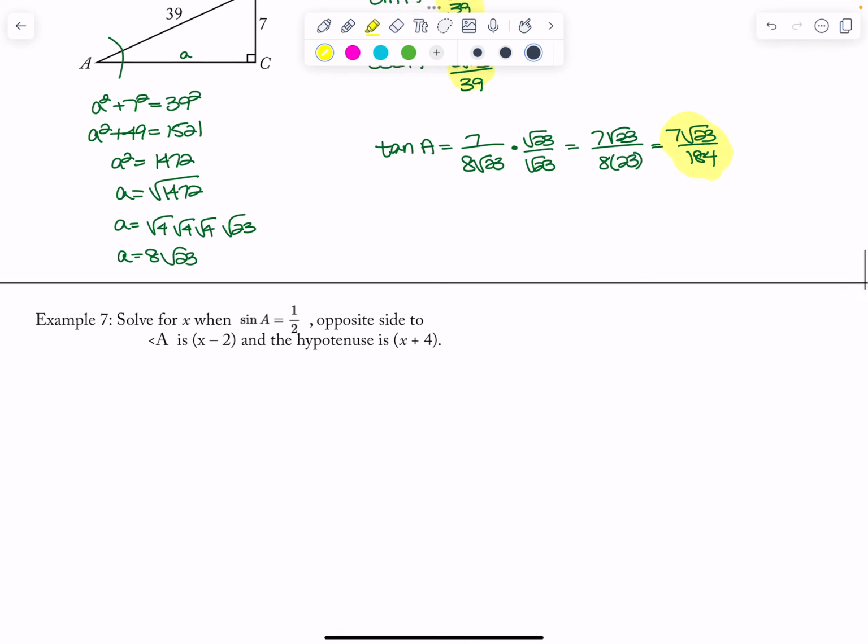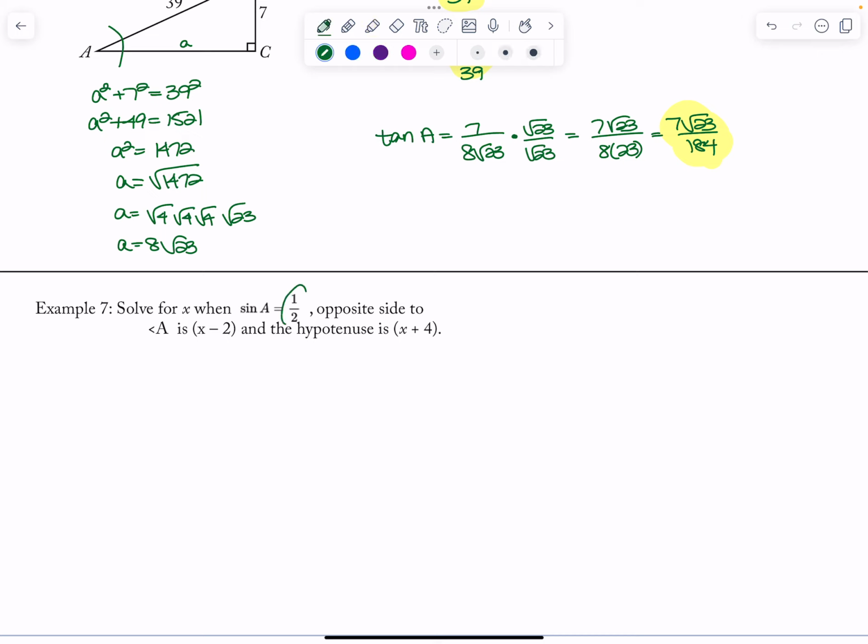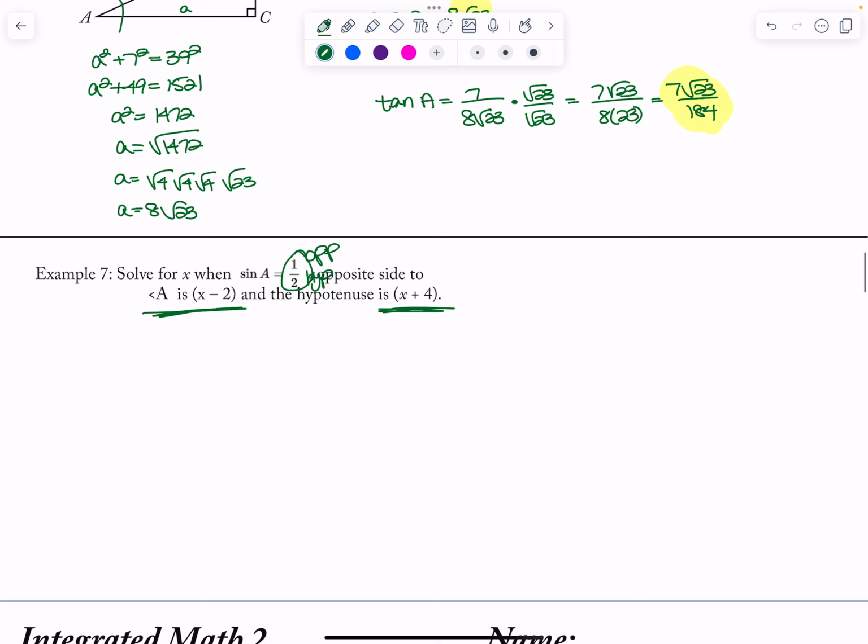Okay, my last example here is, if sine is equal to opposite over hypotenuse, and I'm given my opposite side is x minus 2, and my hypotenuse is x plus 4, then I could say that 1/2 is equal to x minus 2 divided by x plus 4.